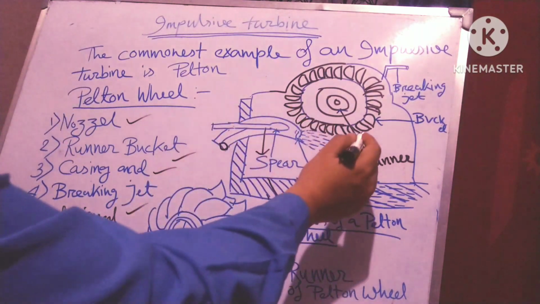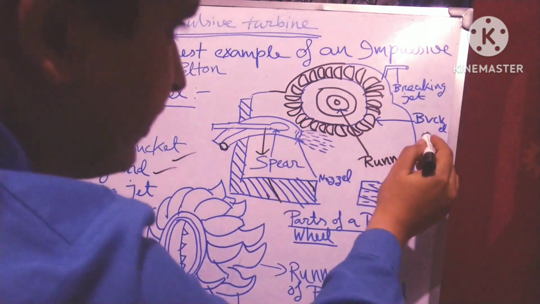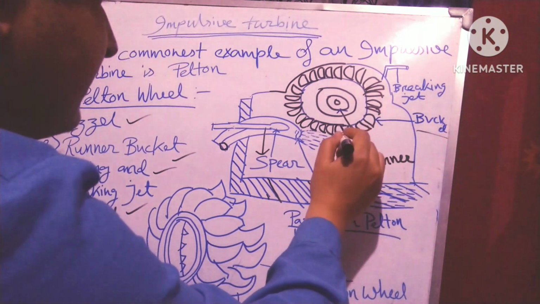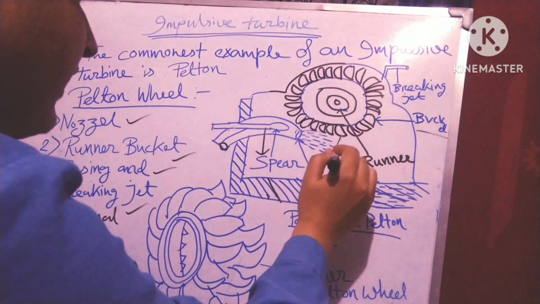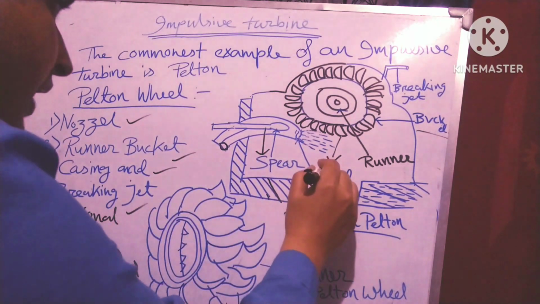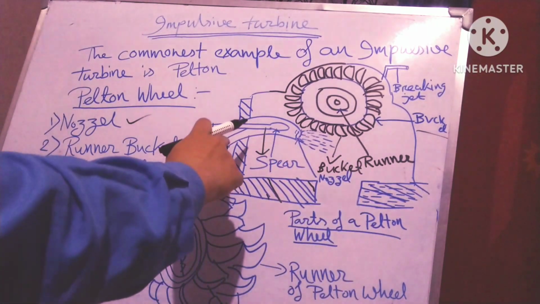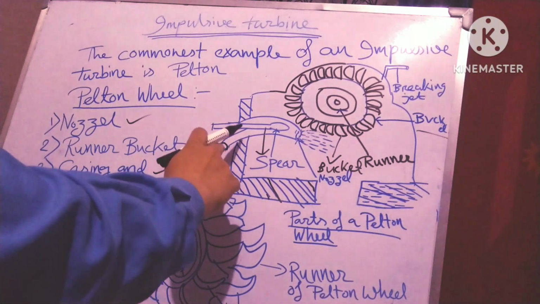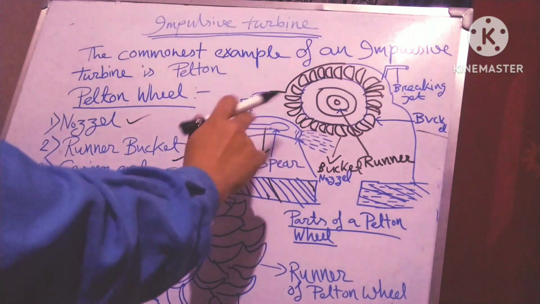So friends, this is my bucket, and the nozzle is very close to the bucket according to the diagram. The spear is inside the nozzle, water is passing through the nozzle, and the spear is moved.